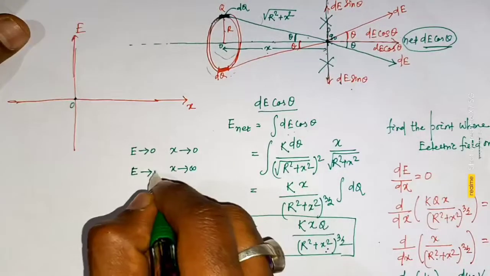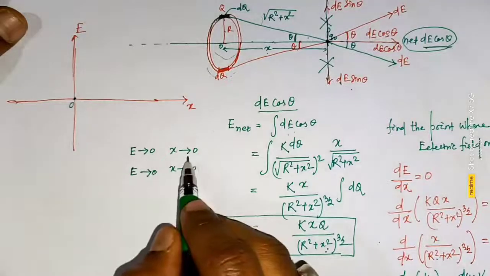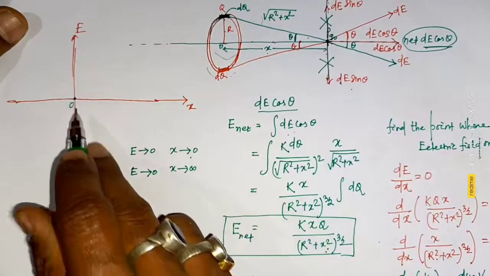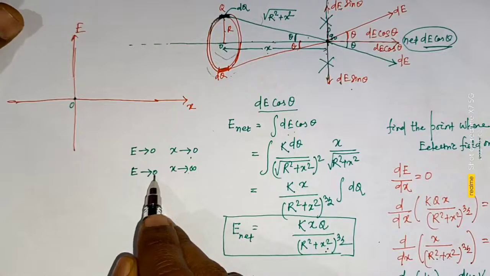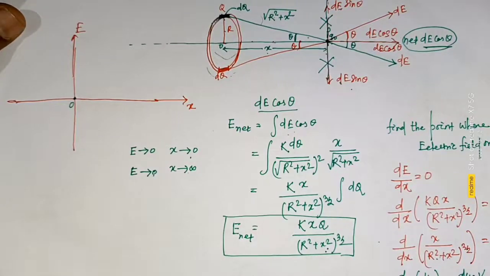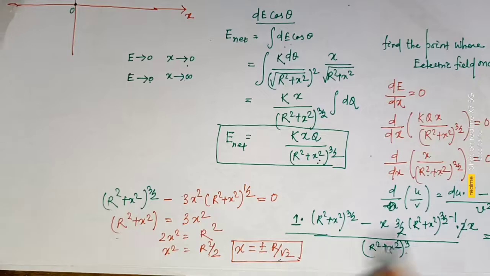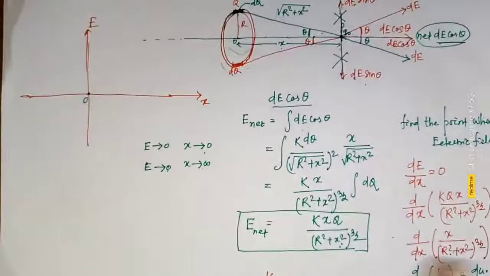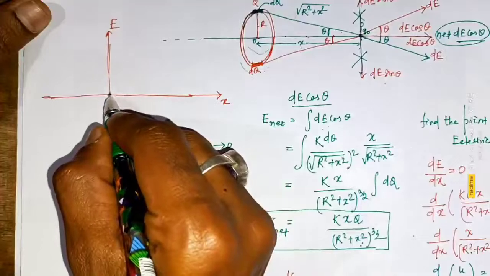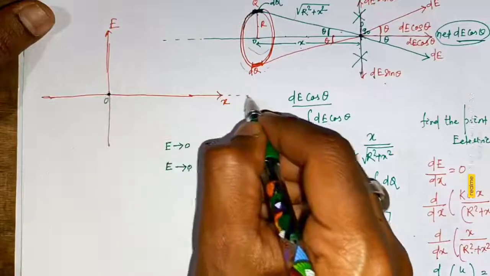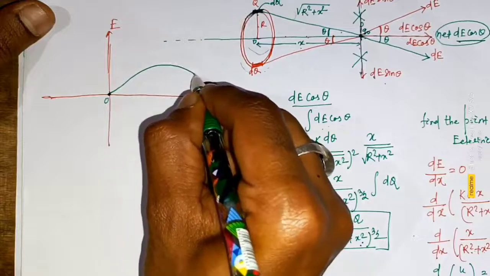So at x equals 0 the electric field is 0, at infinity it is 0, and the maximum value is at r by root 2. So how will I plot the graph? This is very important. The field is 0 at two points, one here and another at infinity, so it will go like this.